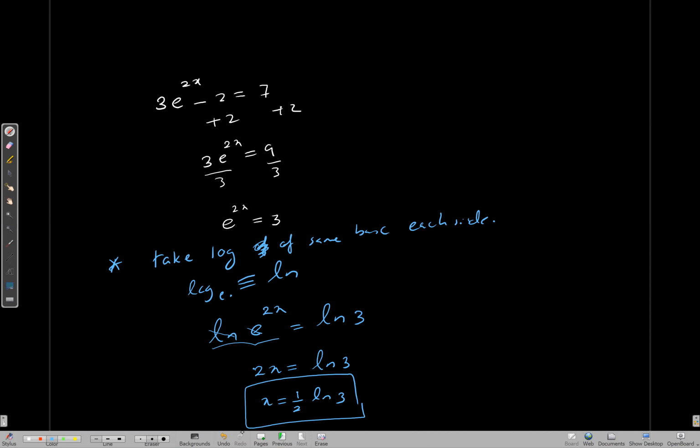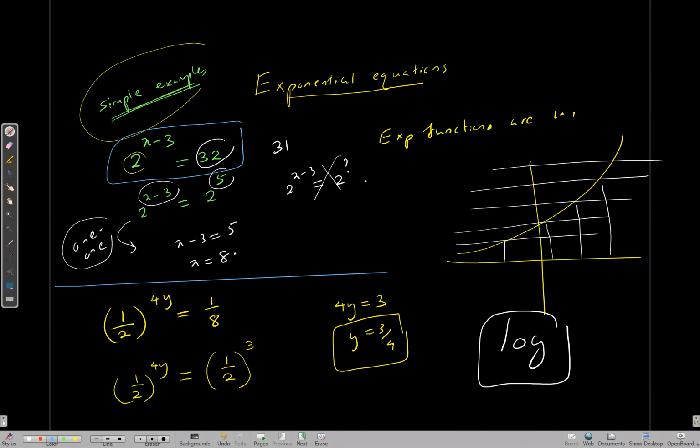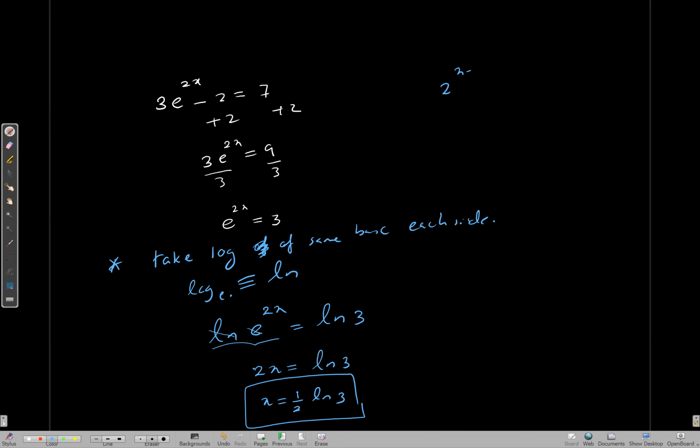Now let me go to the previous page. Look at this example. Let's make it 31, as I told you. So 2 to the x minus 3 equals 31. In this case, take log base 2, because here the base is 2.